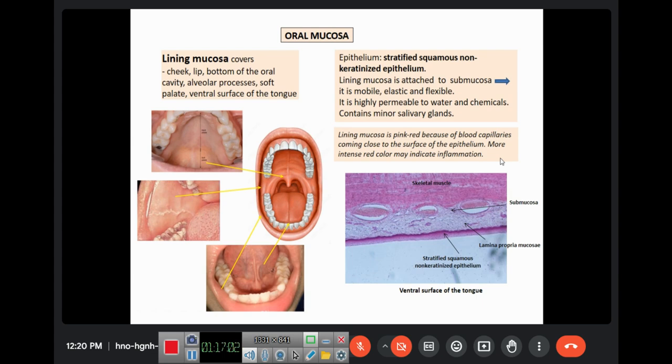So the result is that more blood comes into these blood capillaries, and more blood is seen through the epithelium, and the color of the mucosa becomes more intense red.